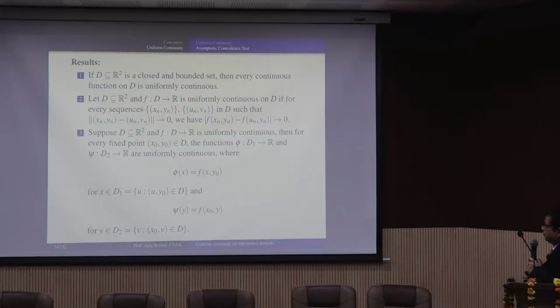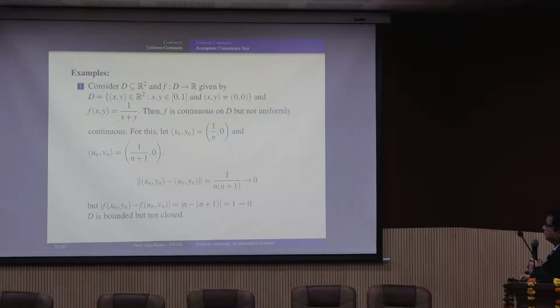You find two sequences xn and yn such that their Euclidean distance goes to 0, while the images must go to 0. So if you have to prove something is not uniformly continuous, generate sequences so that the images don't go to 0. Similarly, restrictions are going to be uniformly continuous.